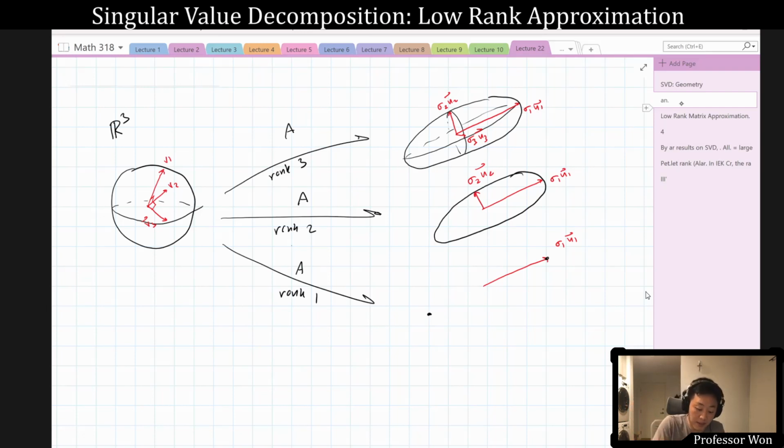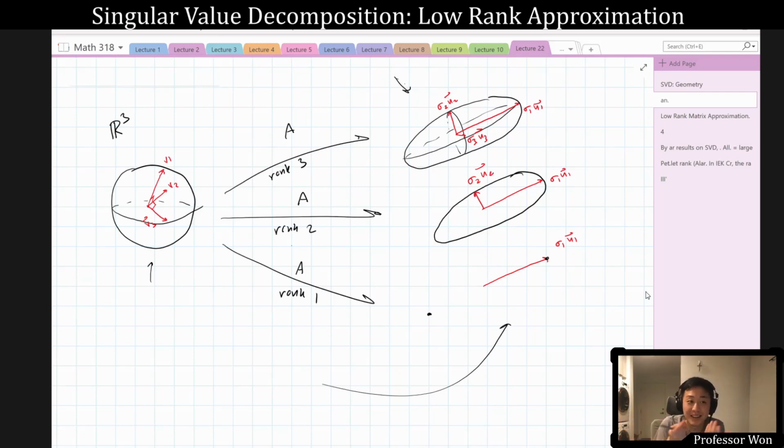So what it's doing is it's mapping this sphere to this degenerate hyperellipse. But of course, if I'm trying to approximate this 3-dimensional hyperellipse with a 1-dimensional hyperellipse, the best I can do is I should choose the largest axis of the ellipse, right?